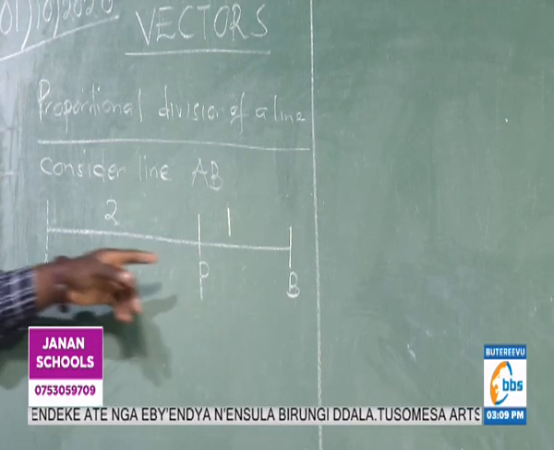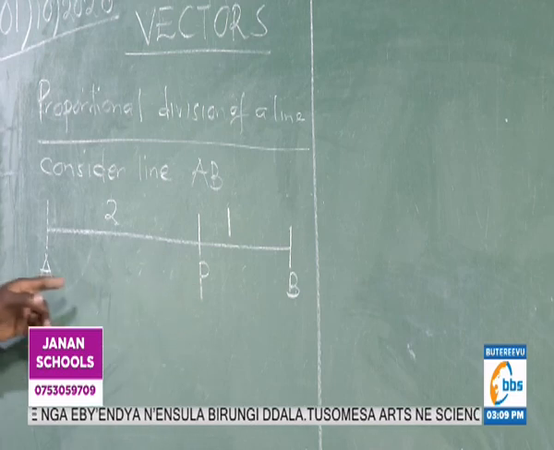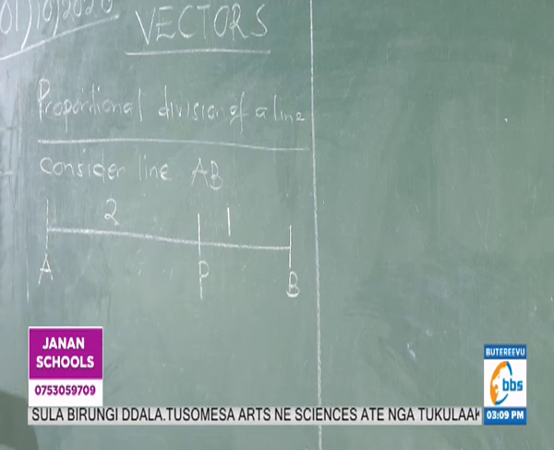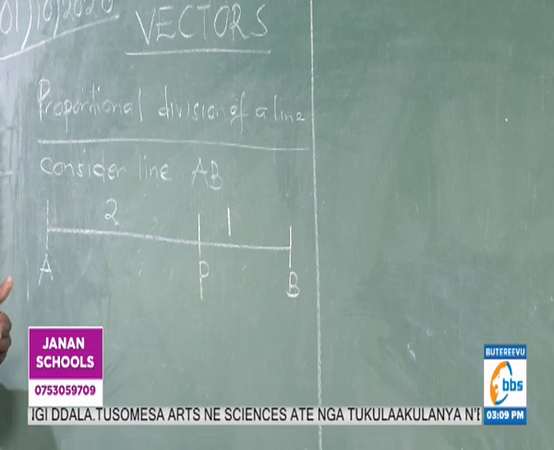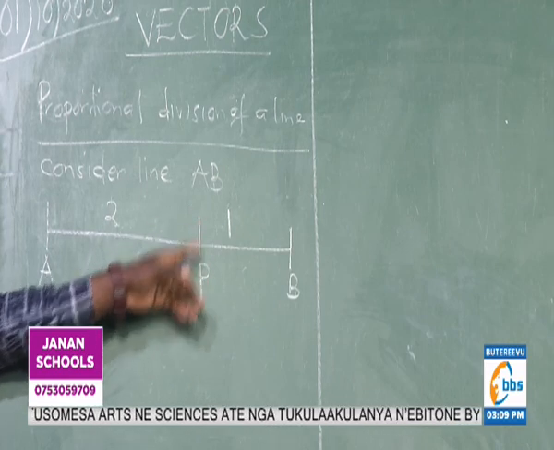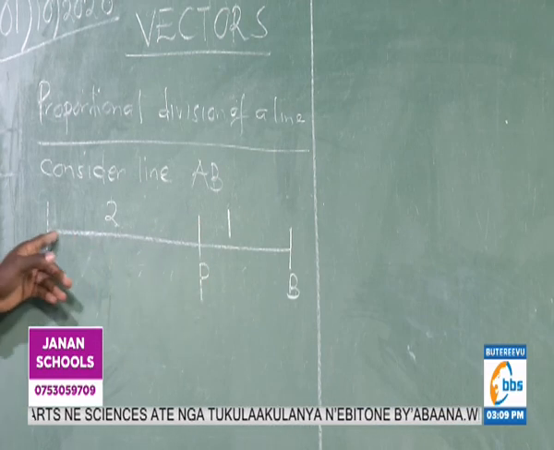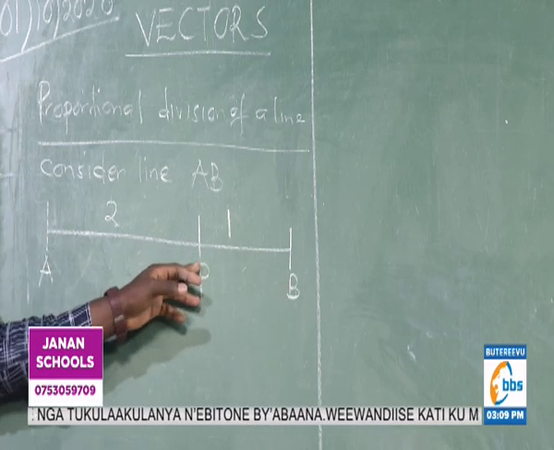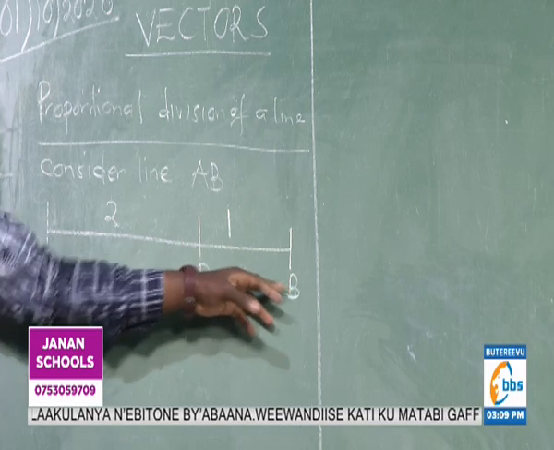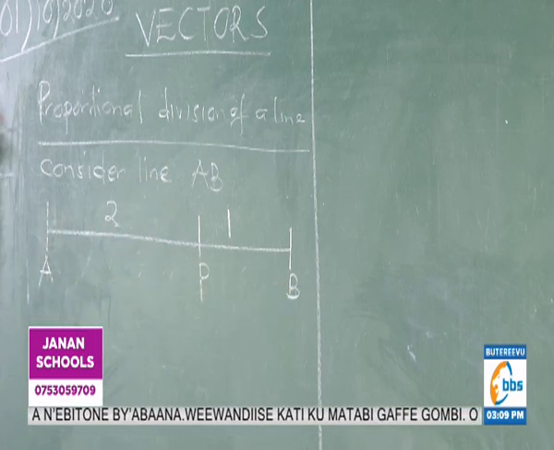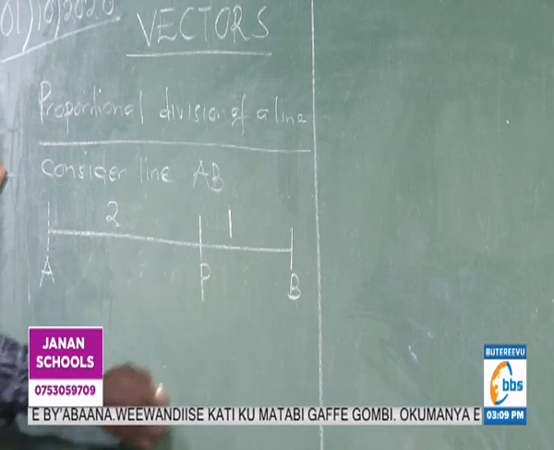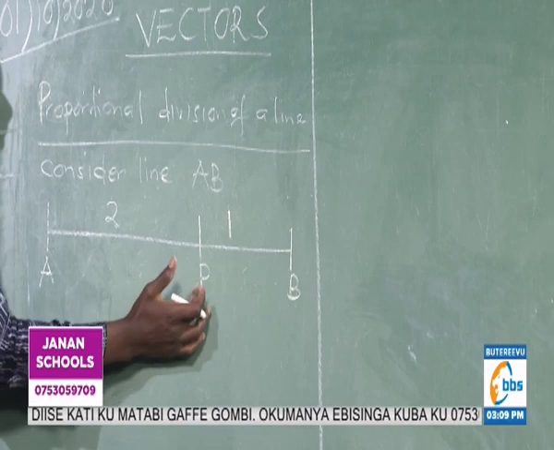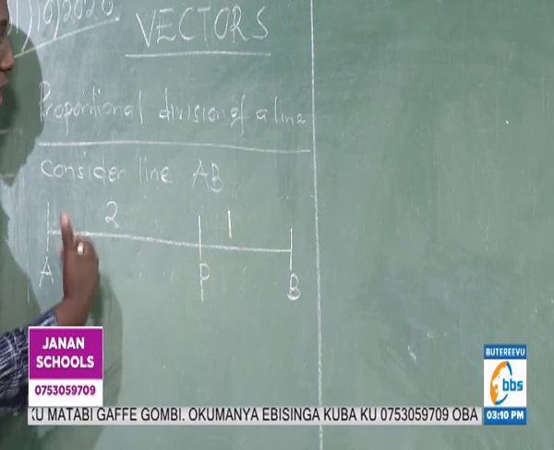So it means that we have this point P dividing line AB, and we use some terms here. We have internal division and external division. In this case, since point P is in between the two points A and B, we say point P divides line AB internally. It divides internally because it is inside. But sometimes we also have external division, where point P is outside line AB.